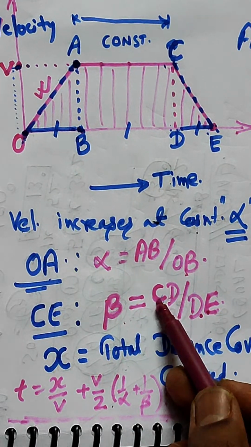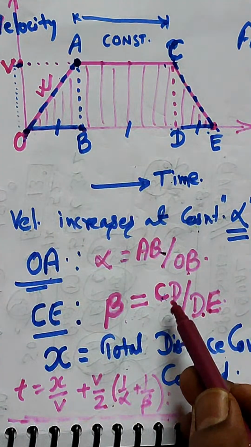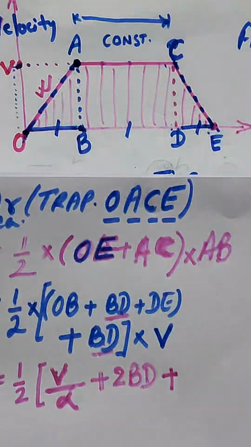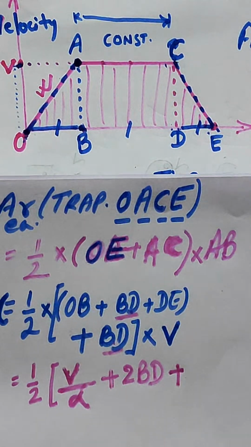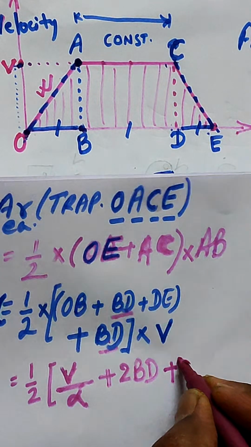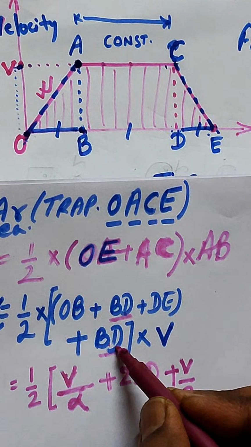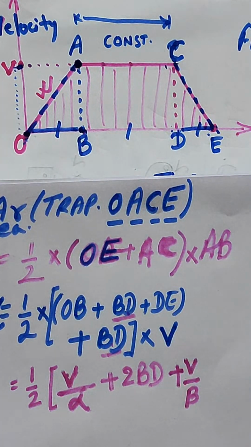CD is equal to AB is equal to V. So it will give you V by beta for DE, right?